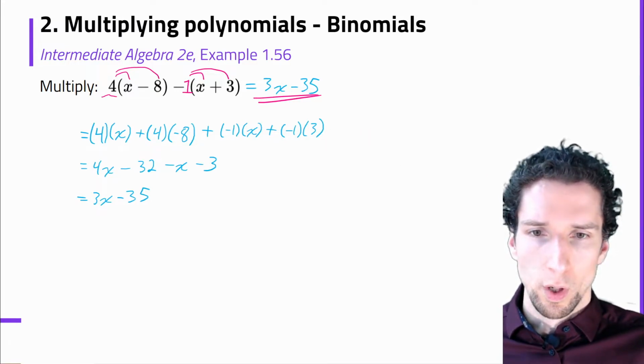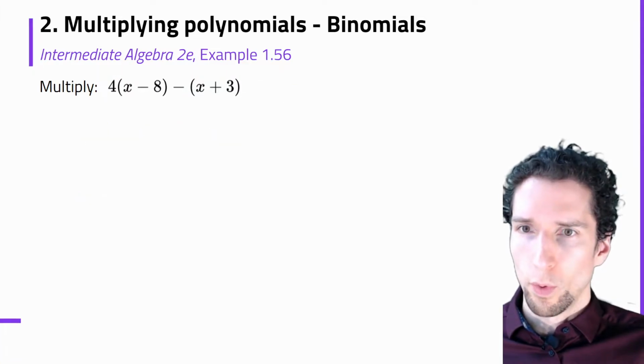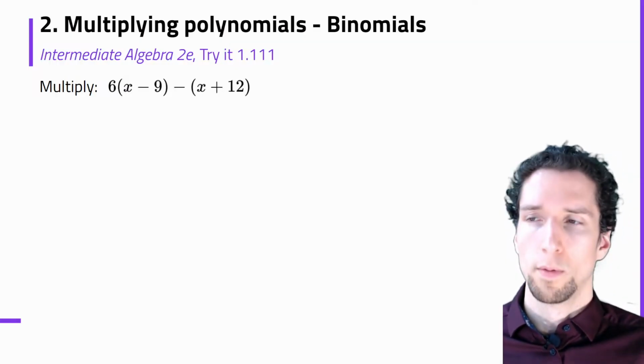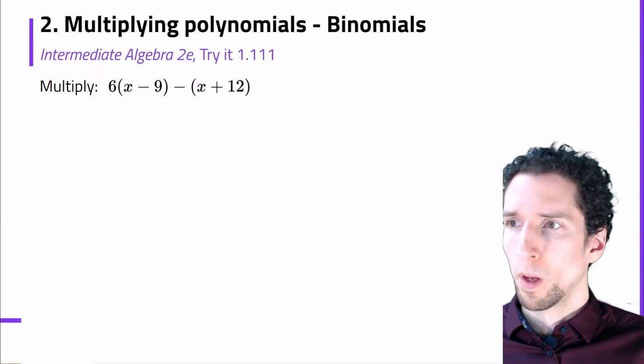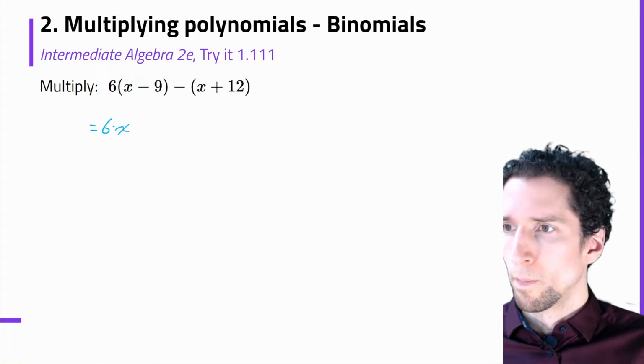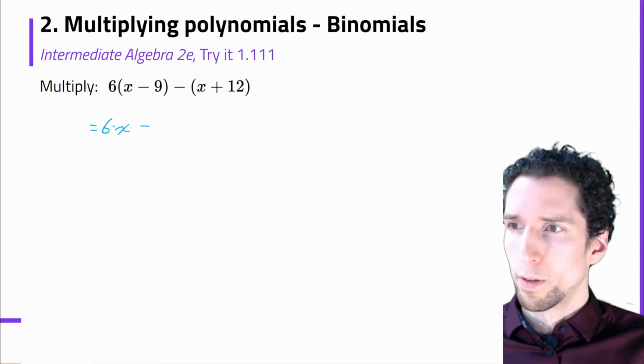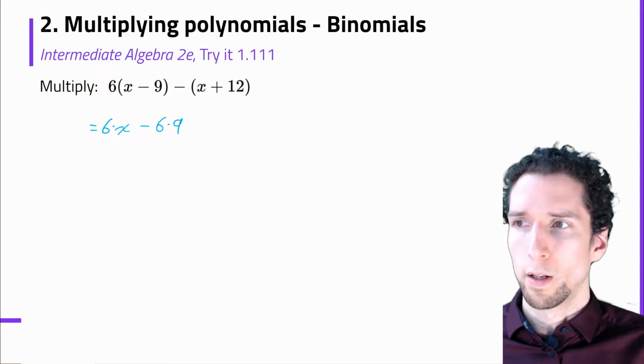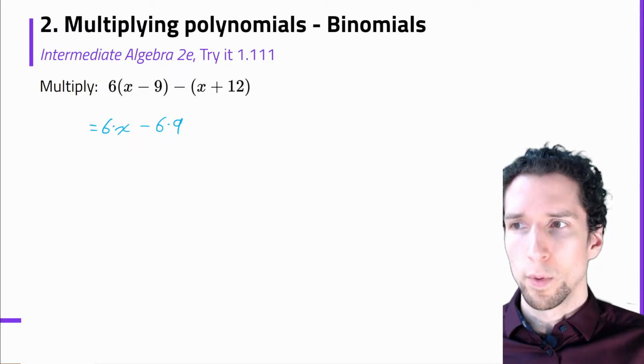I will do our standard process, one for me and then one for you. So if I'm multiplying these, then that's 6 times x, and I will write this as minus 6 times 9. I recognize that +6 and a -9, so the result will be negative, so we're subtracting that.